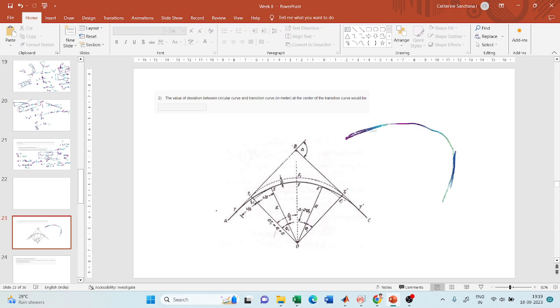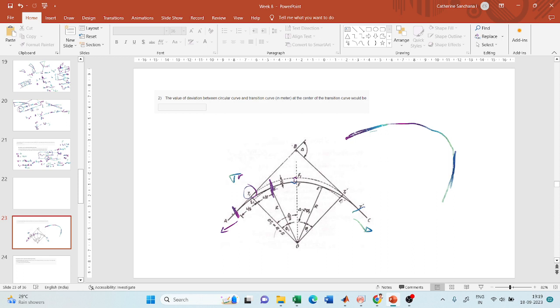Whereas if you provide a transition curve, see till here it is a straight section. From this point T to this point E, it is the transition curve. Now, if you provide a transition curve, your curve has been shifted inside.